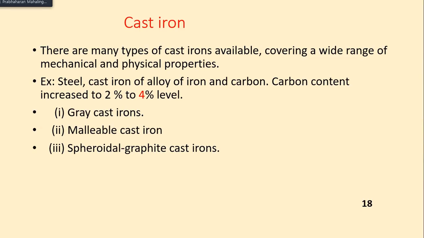Cast iron is an alloy of iron and carbon. Carbon content increased to 2% to 4% level. So cast iron can have 4% level of carbon. So very high hardened material that can be utilized for making cylinders or cylinder heads, something like that.